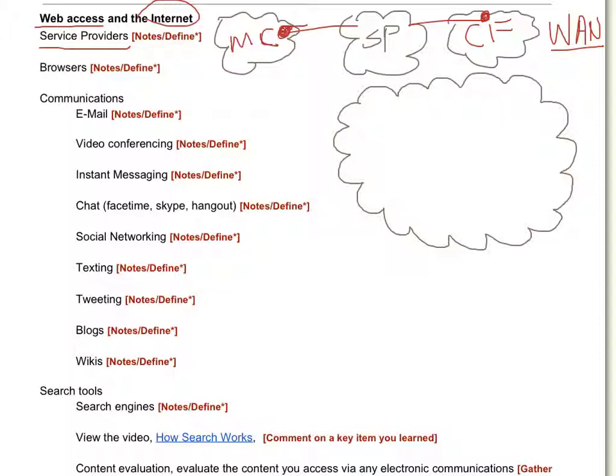Then, probably somewhere in the late 80s, they created this idea of a piece of software called a browser that could interpret HTML, hypertext markup language. We'll learn a little more about that later on.